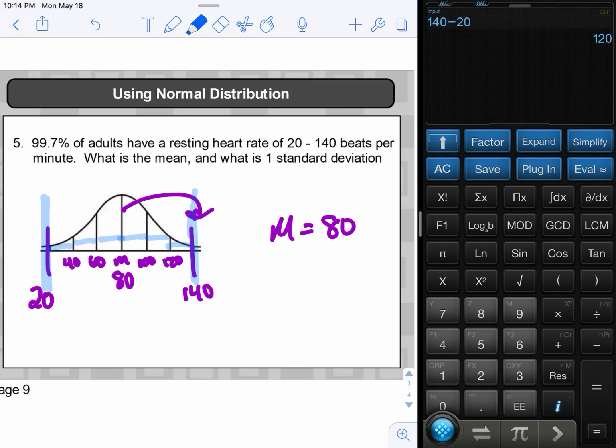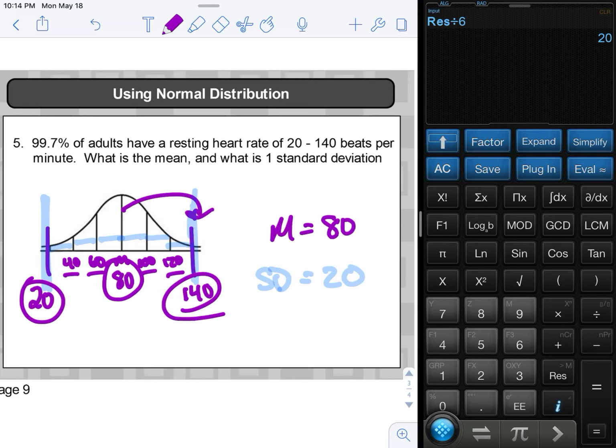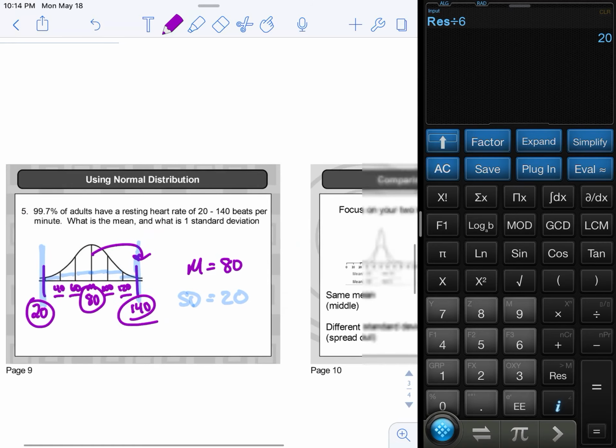Then divide by 6 because it's 6 jumps. And then that tells you 20, right? So the standard deviation is 20. Okay. And then you would go from 20 to 40 to 60 to 80 is in the middle to 100 to 120 to 140. Okay. So there's more than one way to do this.